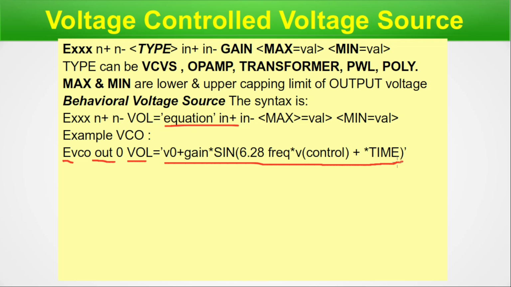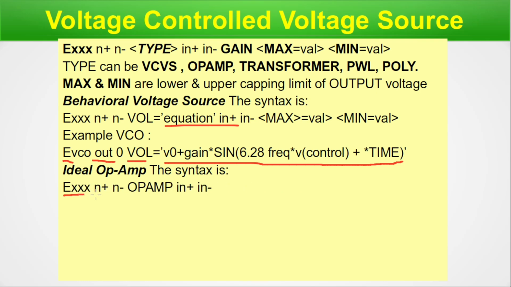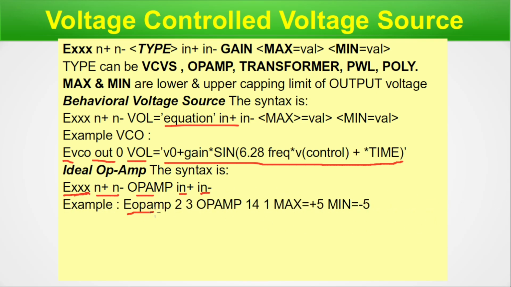Ideal op-amp syntax is here E, then we have alphanumeric with the 3 x's, and then we have two nodes, op-amp, then plus and minus nodes. So example is op-amp, connected between 2 and 3, op-amp is mentioned here, again two nodes are there, max is 5, mean is minus 5. So max and mean we are saying the capping limit.